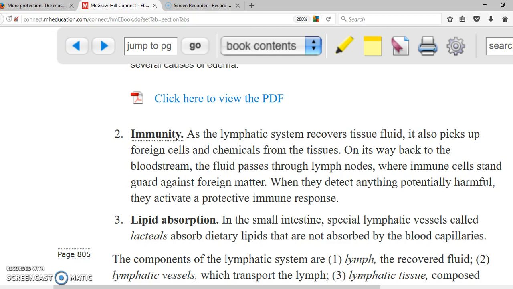Lipid absorption, as you know, we are going to absorb nutrients at the level of our intestines. You absorb proteins, you absorb carbohydrates, you absorb lipids, and there's no problem with them. But as you know, there's a famous saying that says water and oil don't mix. So fat is oil basically, and your blood has a lot of water.